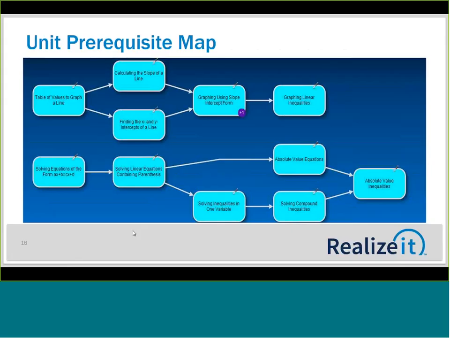This is how students should pass their way through Unit 2. This is based on what they should learn before the other thing, the prerequisite map. And the connectors are important because they actually establish the map. There are 2 entry points on the left-hand side, and the more terminal nodes are on the right-hand side.